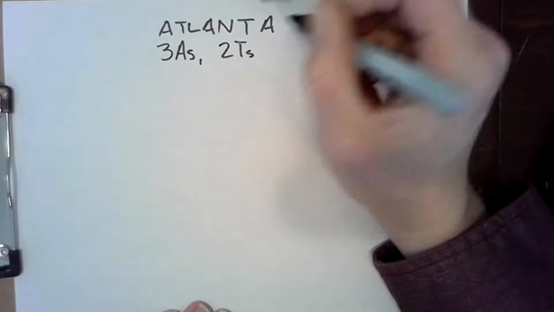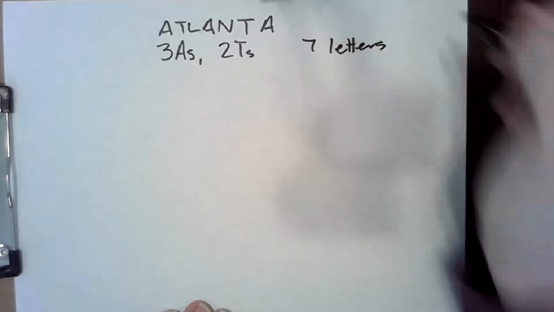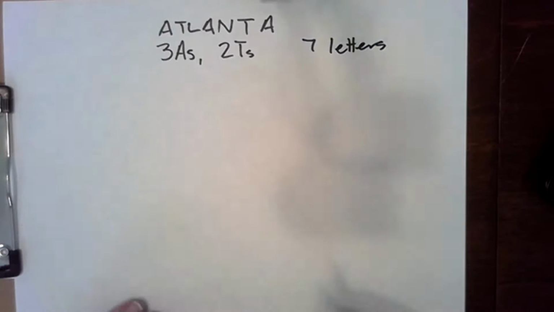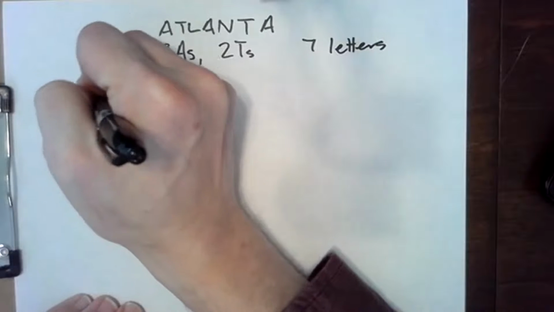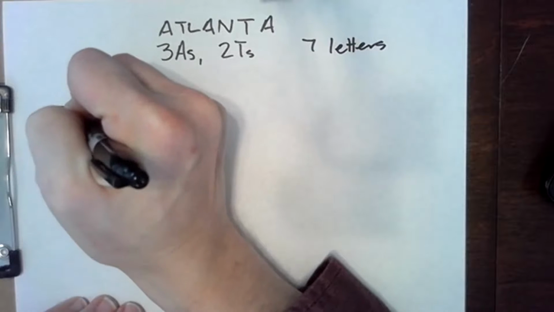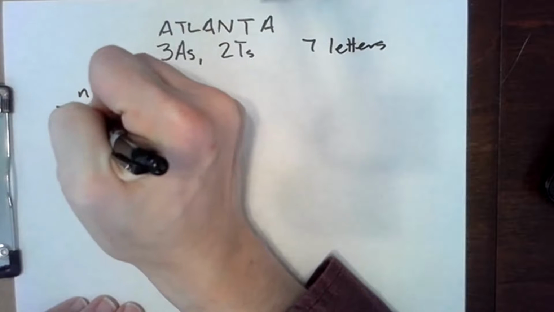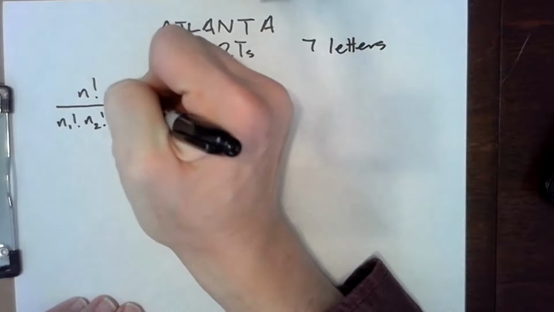There are a total of 7 letters. To do this, we're going to use our formula for finding permutations of n objects where not all of the objects are distinct, and that is going to give us n factorial over n1 factorial times n2 factorial times a bunch of others times nk factorial.